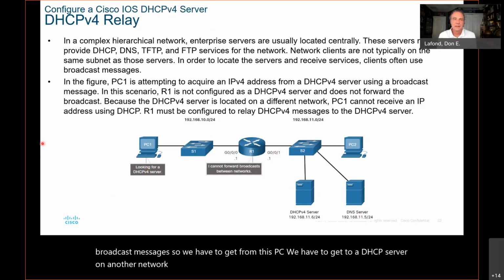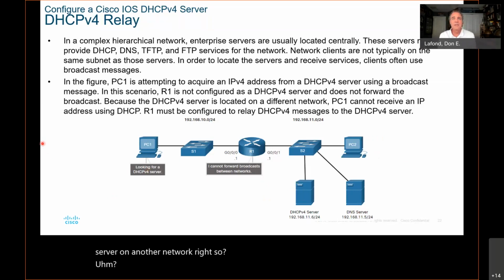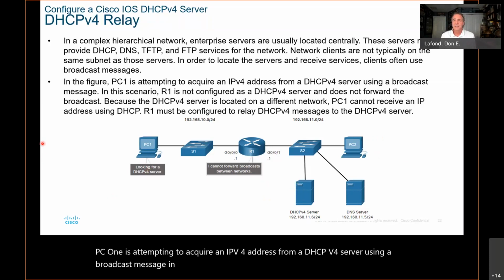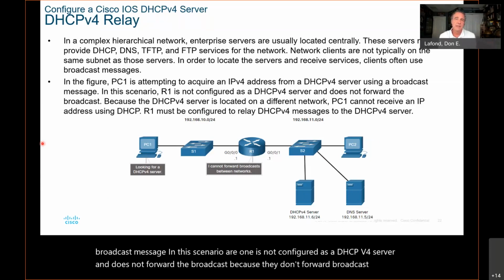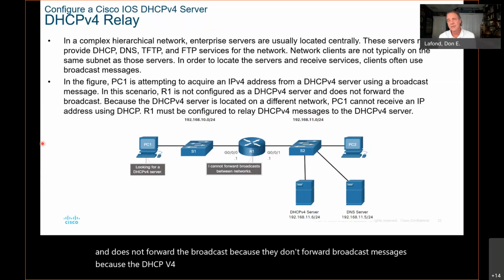So PC1 is attempting to acquire an IPv4 address from a DHCPv4 server using a broadcast message. In this scenario, R1 is not configured as a DHCPv4 server and does not forward the broadcast, because routers don't forward broadcast messages. Because the DHCPv4 server is located on a different network, PC1 will not receive an IP address from the DHCPv4 server.